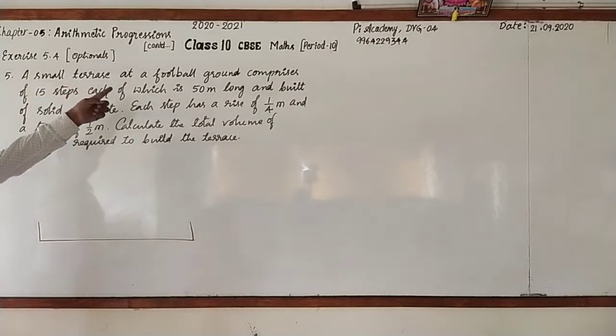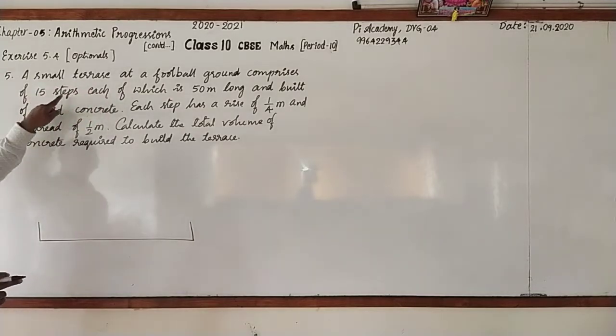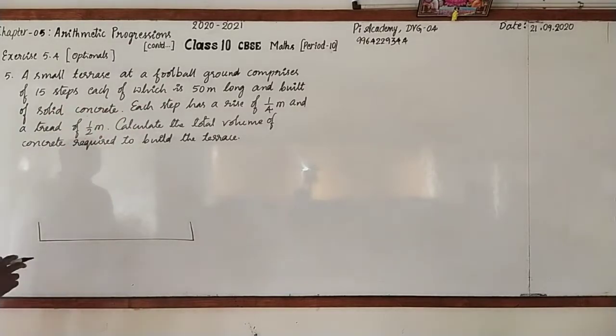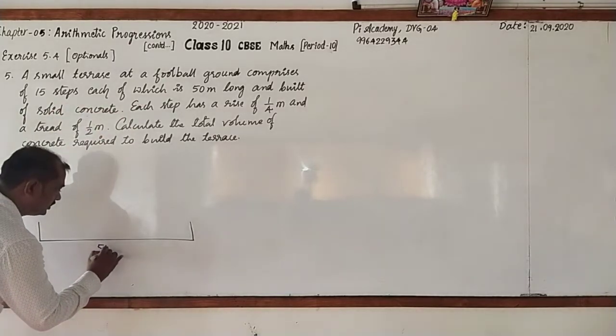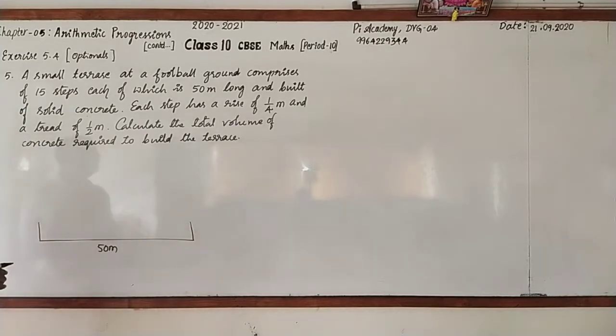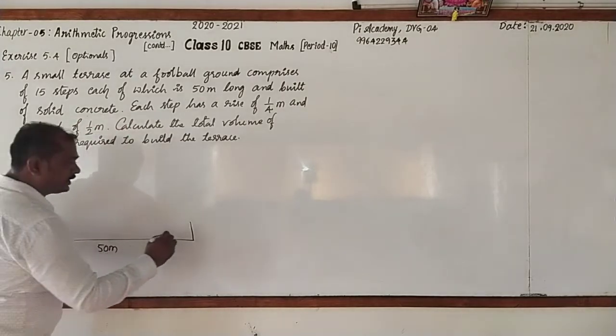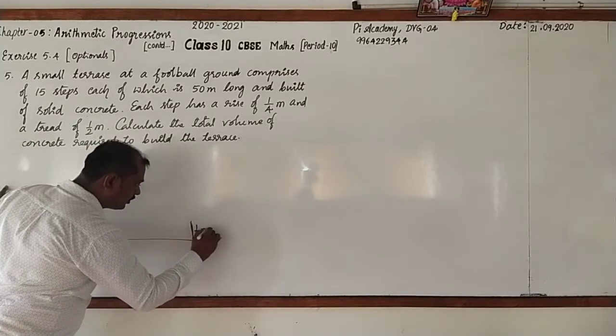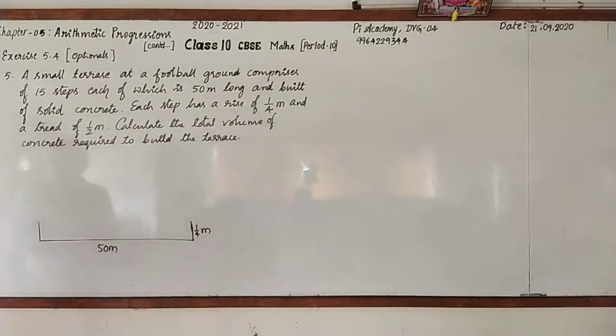Say a small terrace at a football ground comprises 15 steps, each of which is 50 meter long. So the length of the step is 50 meter and built of solid concrete. Each step has a rise of 1 by 4 meter. See that this is the height 1 by 4 meter and a tread of half meter.